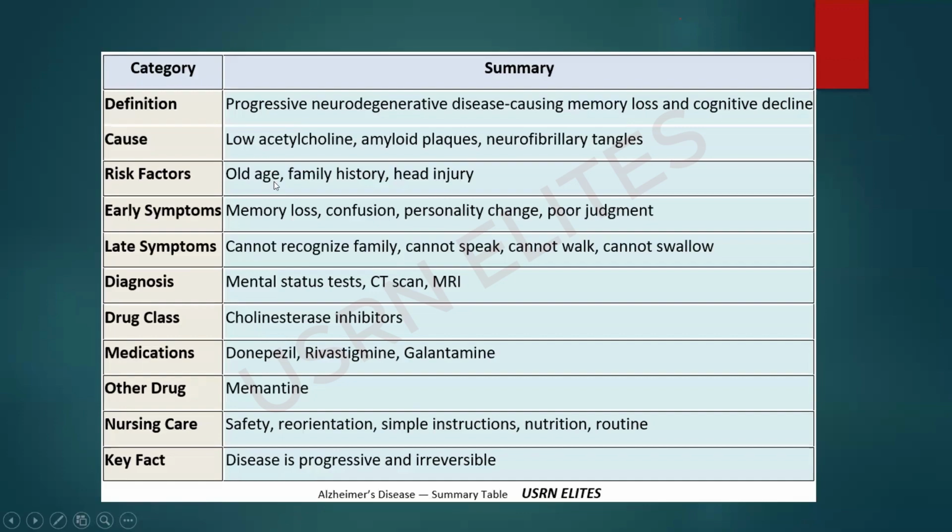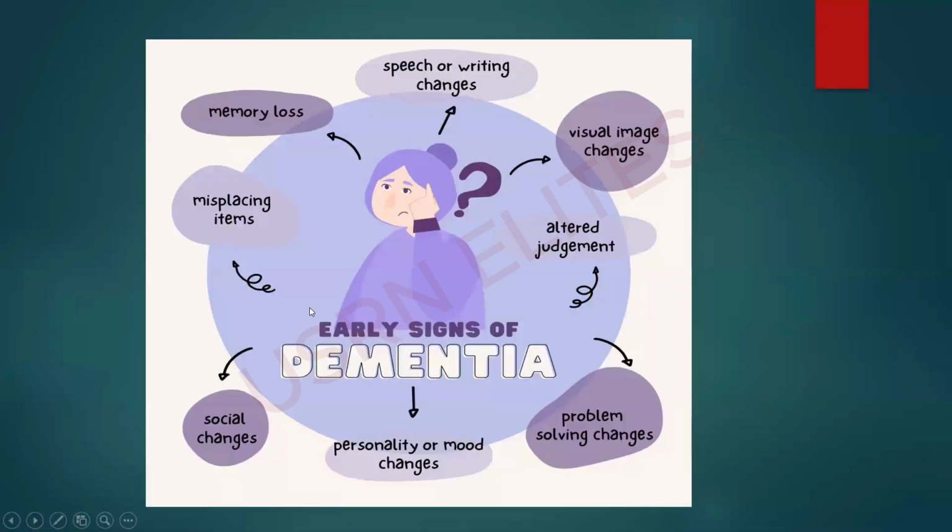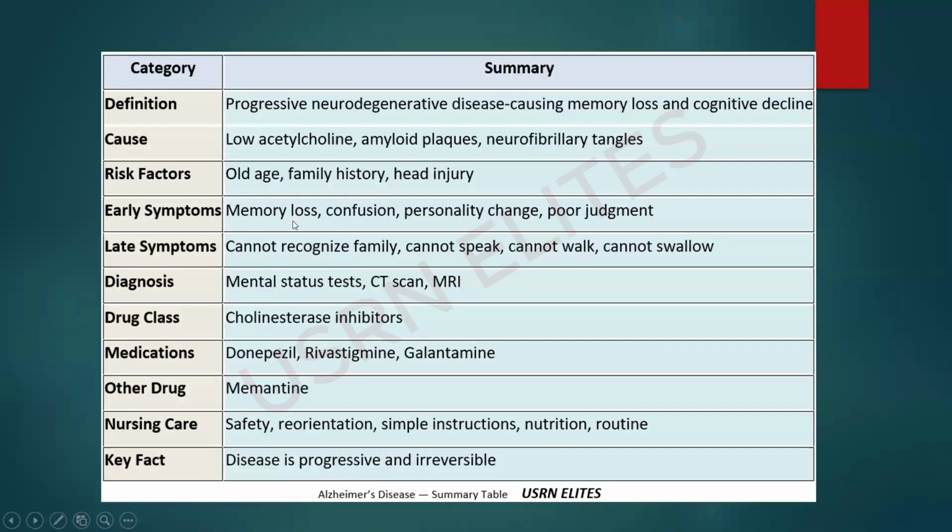So just to let you know, early symptoms that you could see. We looked at some of the symptoms here. Okay, all of this happening in Alzheimer's disease. What we have here is memory loss, confusion, personality change, and poor judgment. And some of the late symptoms you can see is that they cannot even recognize you.